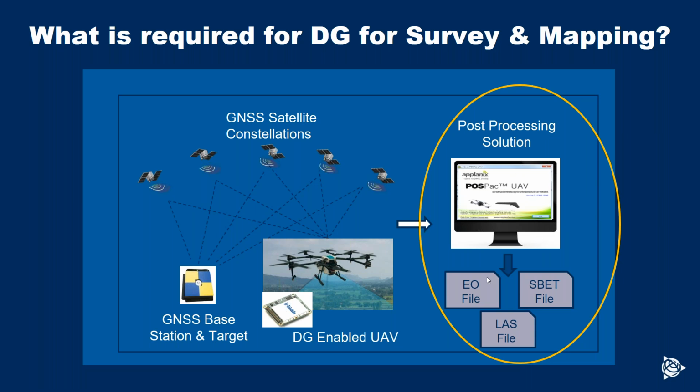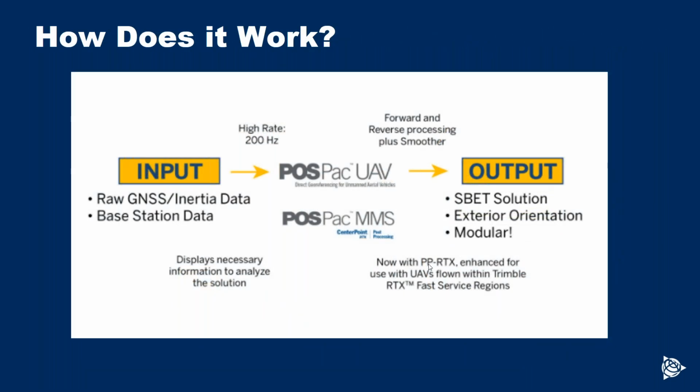POSPac produces either an exterior orientation file or the smooth best estimate trajectory file. And with the LiDAR QC tools, it can produce a LAS file as well. Just to summarize what I was talking about earlier, taking the base station data, the inertial data, and the GNSS data, and processing that through our POSPac solutions to generate the output files that you can then take into any number of third-party packages to generate your information products.